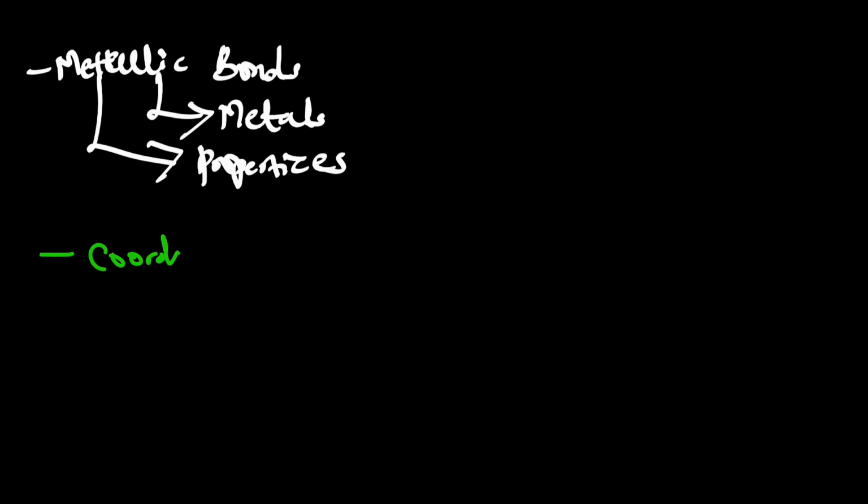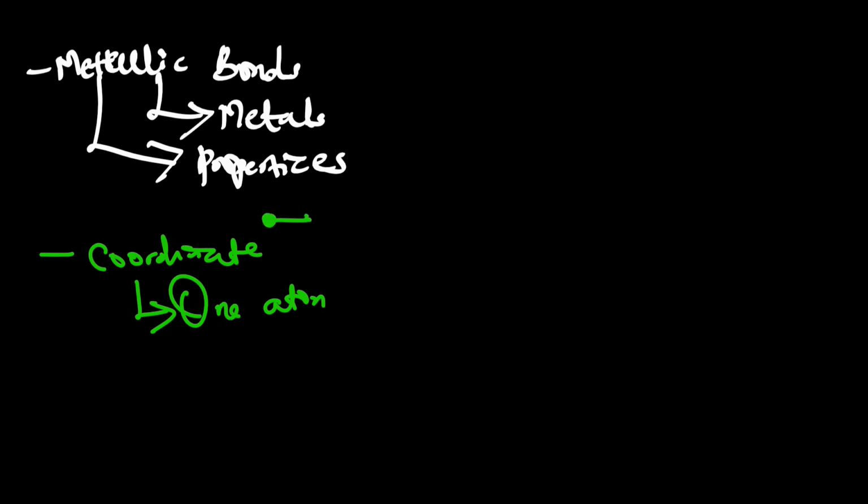What of coordinate? Can you try? There is sharing of electron, but the shared electron is contributed by only one atom. That is, the bond is formed by only one of the atoms.